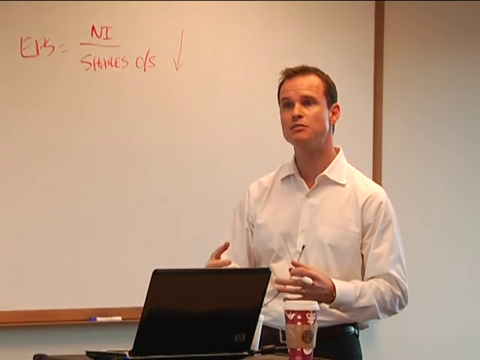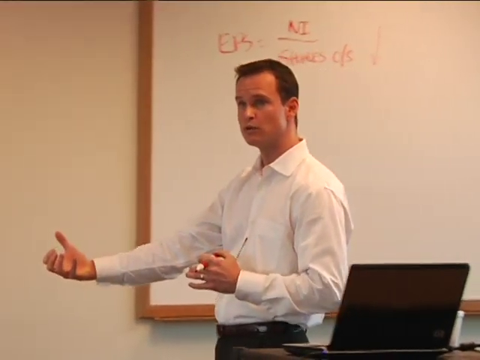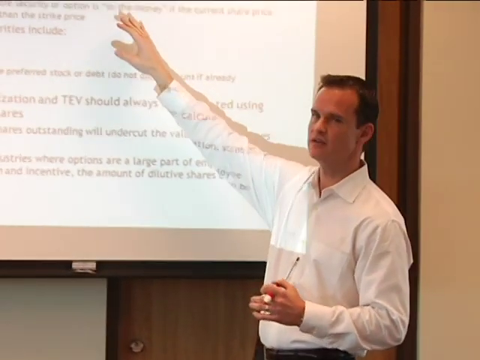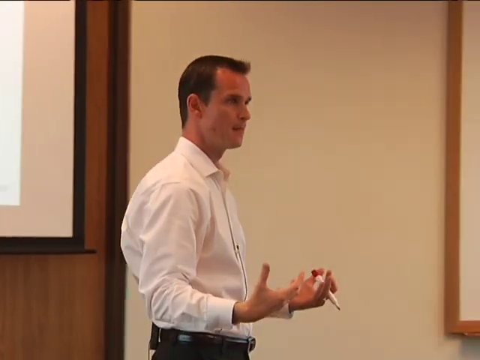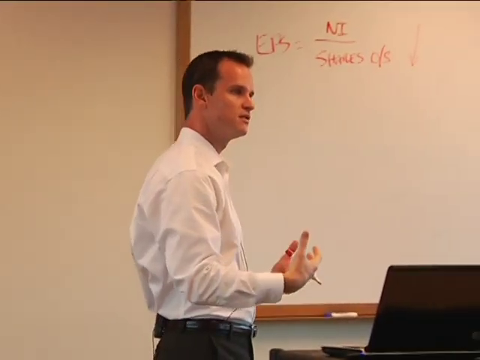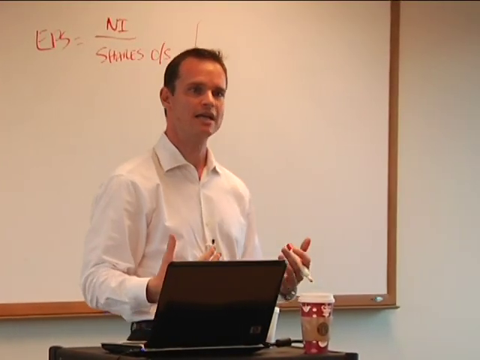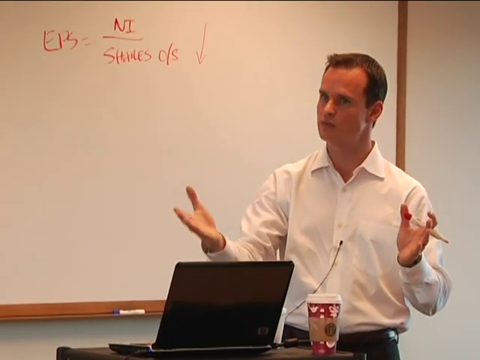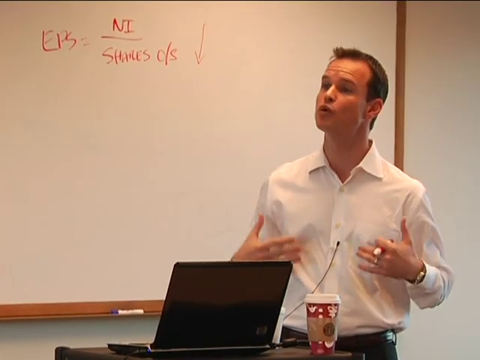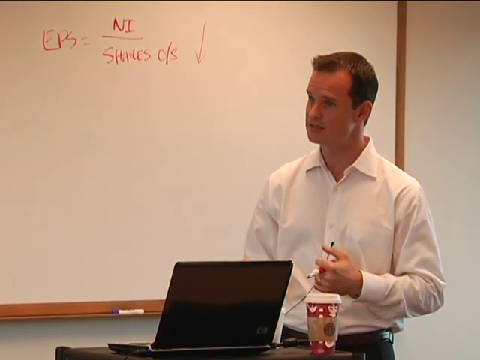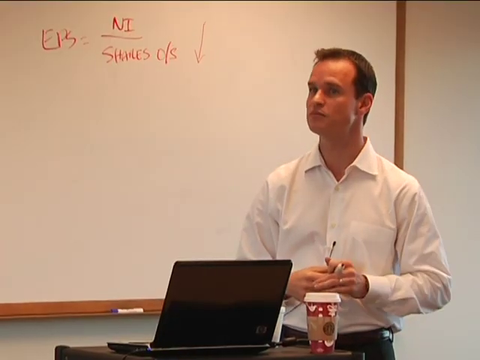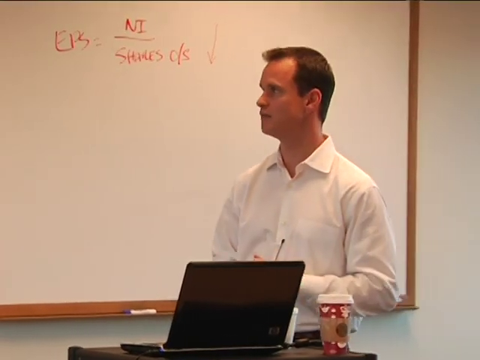That is, the option becomes more valuable to the holder once it's converted. Same thing for convertible securities. If I have convertible preferred stock and it's in the money, it means that when I convert it to common stock, it becomes worth more to me as common stock than it was as preferred. Okay, we're going to do a bunch of different examples on that.